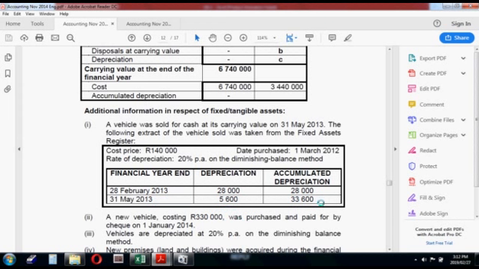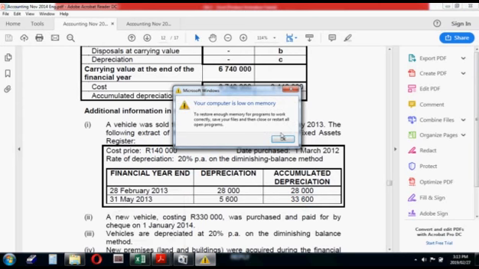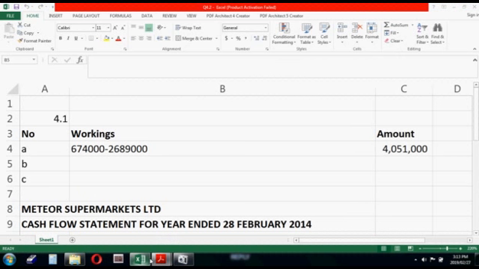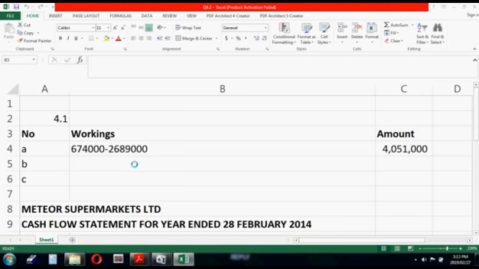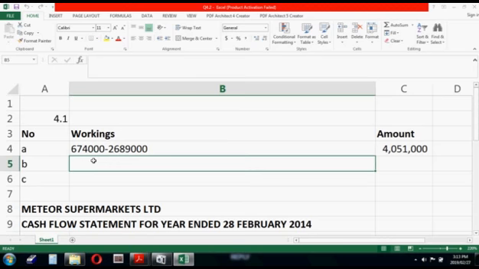Now we know that to determine the carrying value we have to subtract the accumulated depreciation of 33,600 from the cost price of 140,000. So from the 140,000 we have to subtract the 33,600.